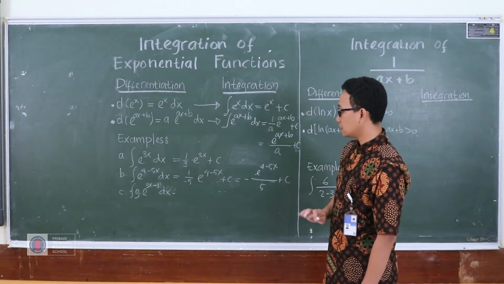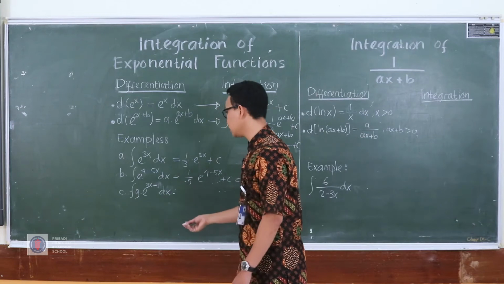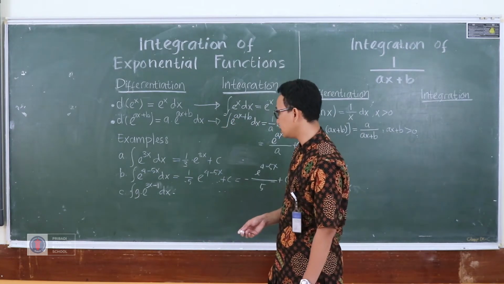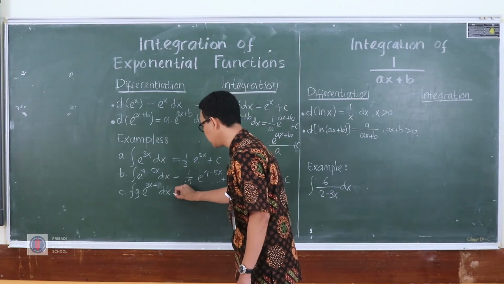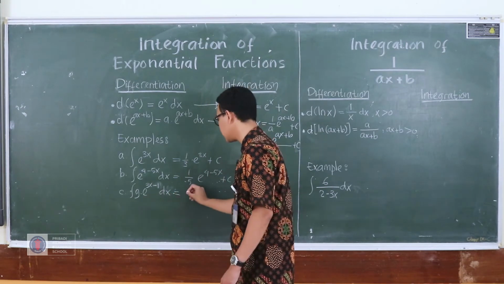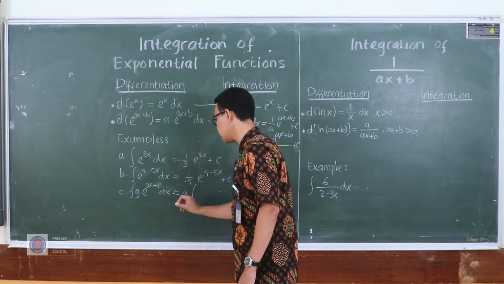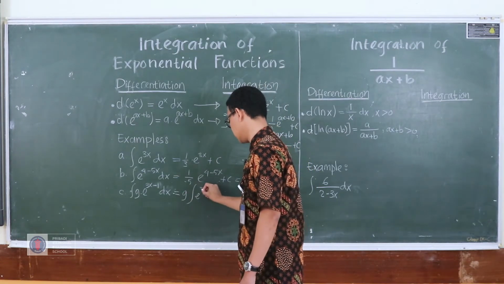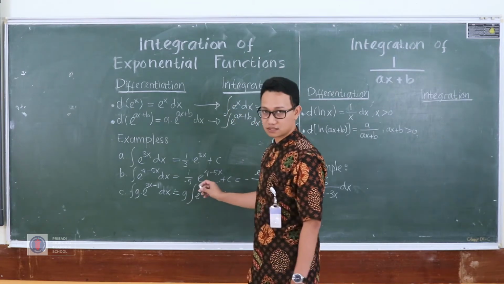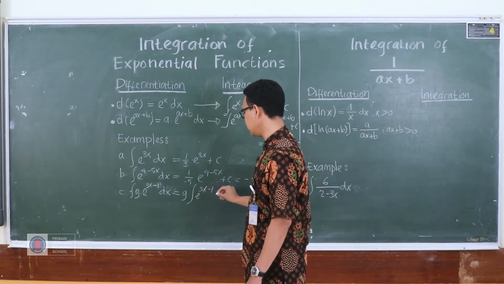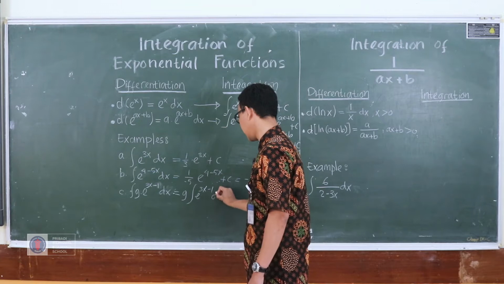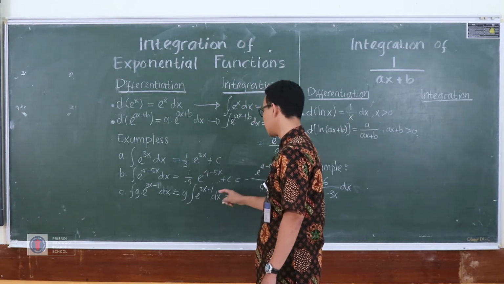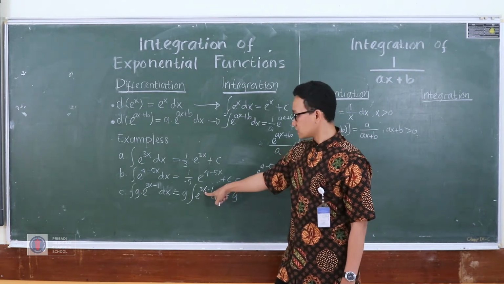Okay. The last, we have the integration of 9 times e to the 3x minus 1. How about this? Again, don't worry. If we have a coefficient here, just take the coefficient out of the integration, and then we just rewrite like this. 9 times the integral of e to the 3x minus 1 dx, right? So it will be 9 times 1 over the derivative of 3x minus 1.